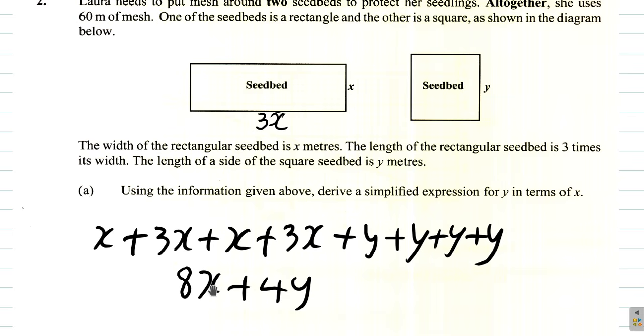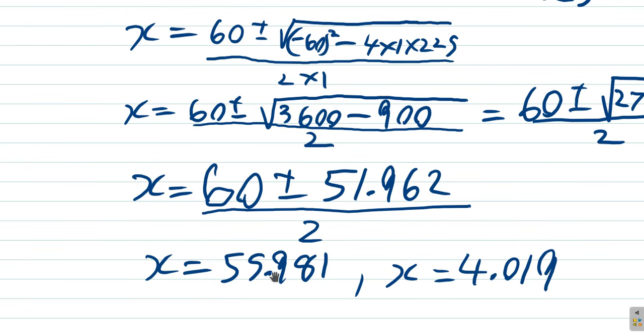If you have 8 times x in getting around it, 8 multiplied by 55.981 is already 400 and odd. This can't work.